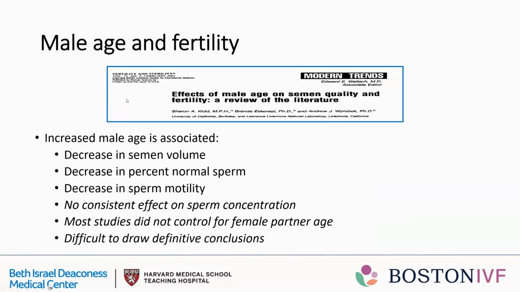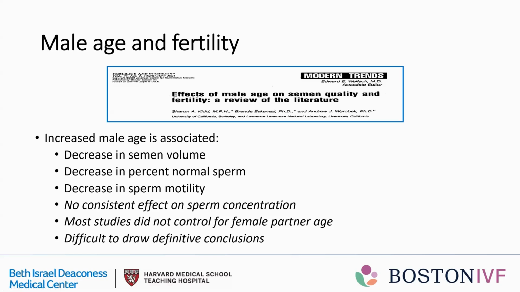Wanted to briefly touch on male age and fertility, even though you are seeing the female partner in the couple, but it takes 2 to have a baby. And so male age is not something we should completely overlook. So this was a review that was published in 2001 in Fertility and Sterility. And they kind of looked at the effects of male age on semen quality and fertility.